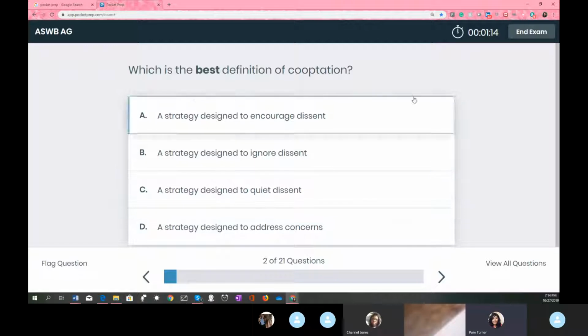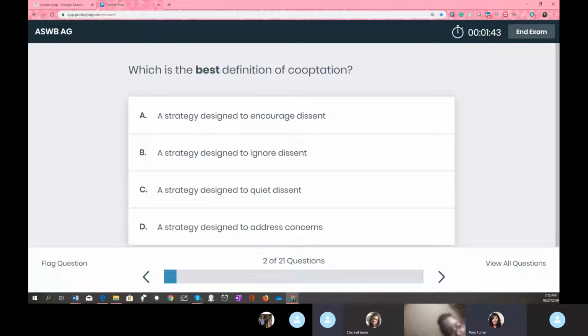Okay. We talked about this already. What is the best definition of co-optation? Let me hear some chime in. Come on. Is it D?